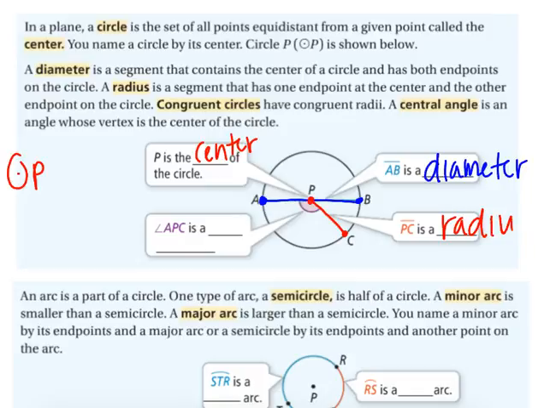And the last thing we have here is angle APC. This angle, we would call a central angle. It has its endpoints on the outside and its vertex at the center. So that's a central angle.